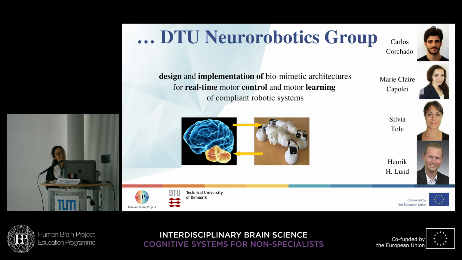So maybe some of you don't know what modular robots are. Here are pictures of them. Basically, they are particular robots that follow some kind of Lego theory. You have different modules that you can combine together in order to have a different robot morphology.